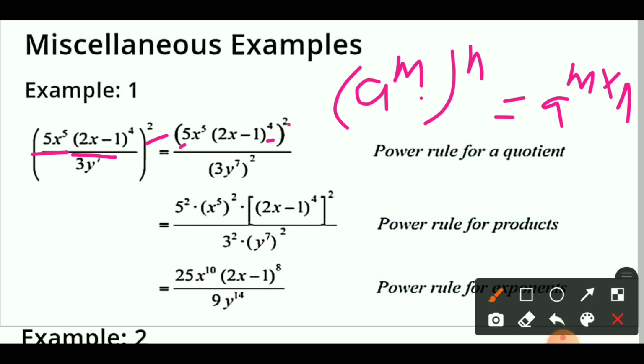When you open the bracket, this 5 power will double, and this x will be separated with 5, and you have to multiply the power and you will get 10, and here 4 to the 8. Same thing here, 3 raised to power 2 which is equals to 9, and 7 raised to power 2 which is equals to 14, and the rule which we are following is this.